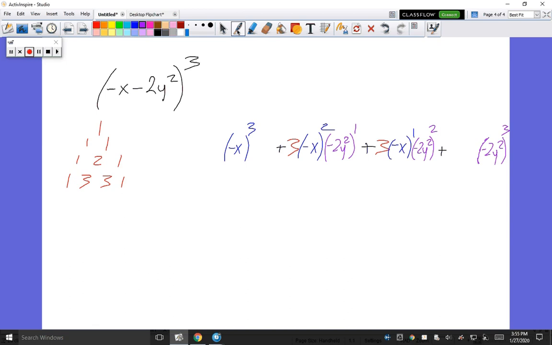Okay? Here we go. Positive or negative x cubed? Negative. Now look, right here I'm going to do it a little bit a different way, but the same that we've been doing. I have a negative squared, turns positive. I have a negative to the first, which is negative. And I have this guy right here. So the whole thing is going to be a what? Negative. Now I just got to group my things together.